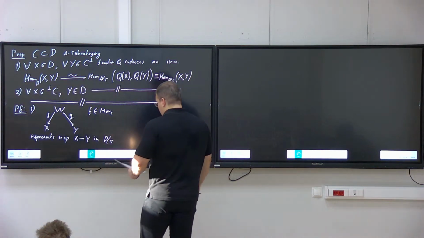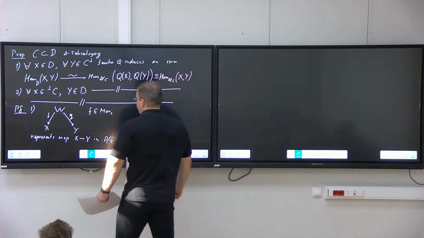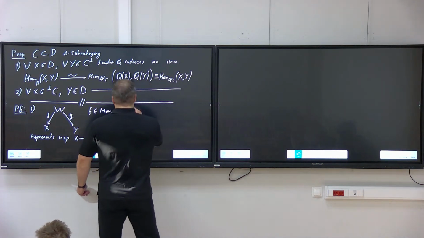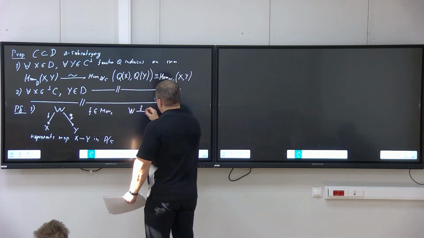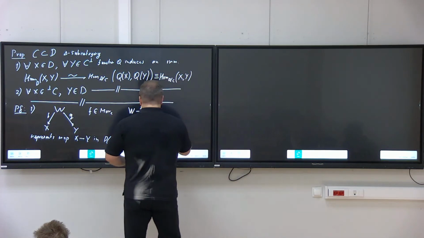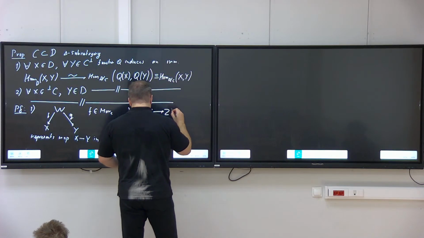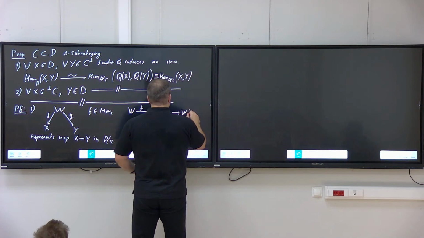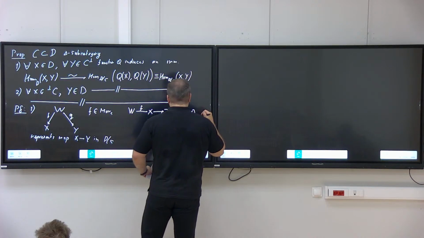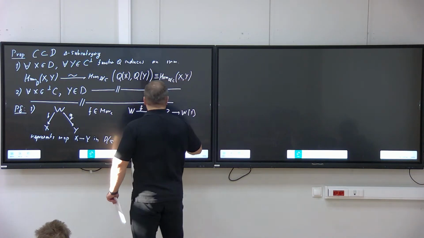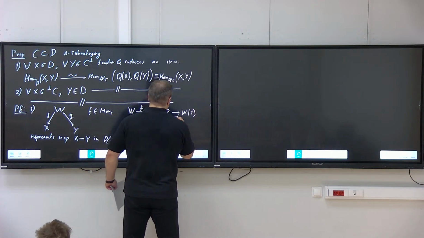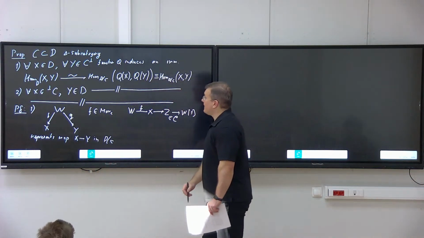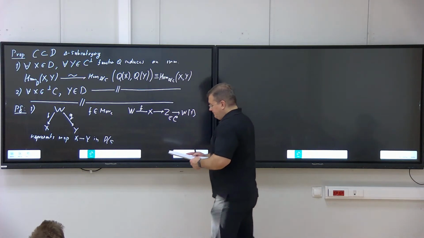So then I take this map F from Mor C, W, F is a map to x, and complete this map to a distinguished triangle. So there is some object Z, and then there is W shifted by 1. Since F is in Mor C, I can say that the object Z that I have is in the subcategory C.